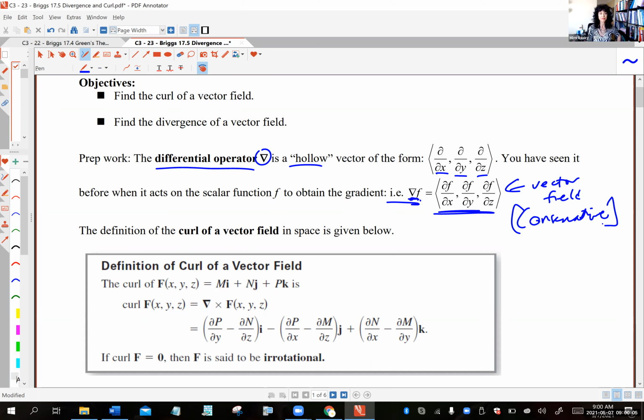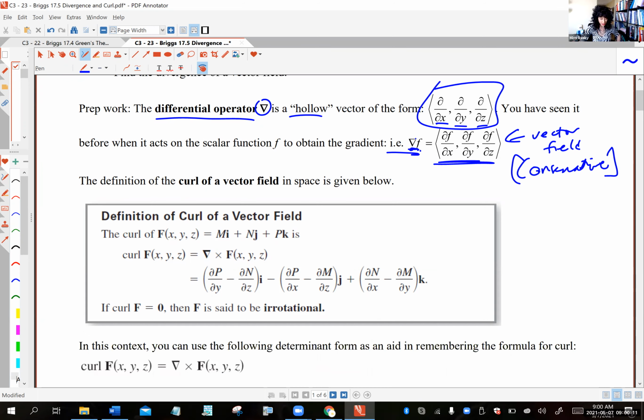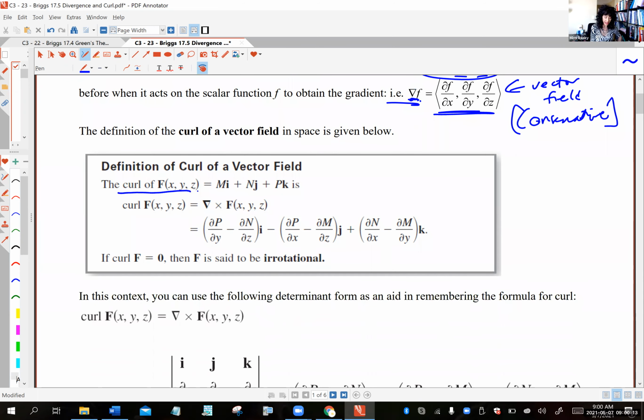What's curl? Well, you're going to use this differential operator, which you can think of as a hollow vector, because when somebody says, hey, I need you to find the curl of the vector field, denoted curl F, it is found by taking the cross product of this hollow vector and your vector field, and it ends up being a vector.